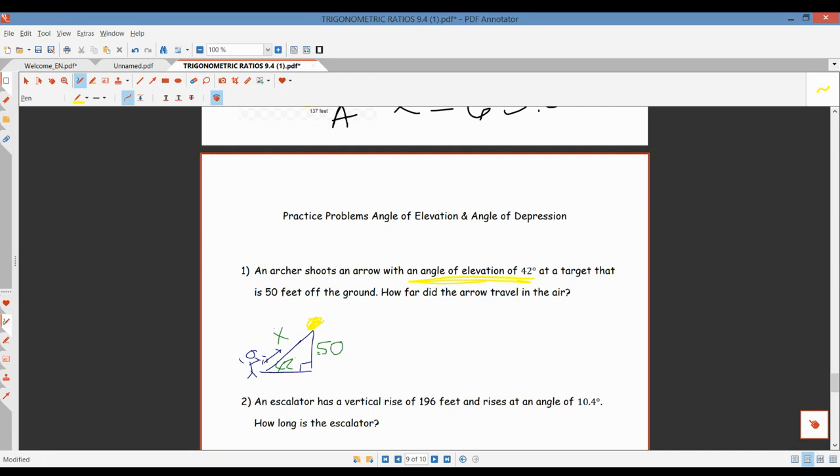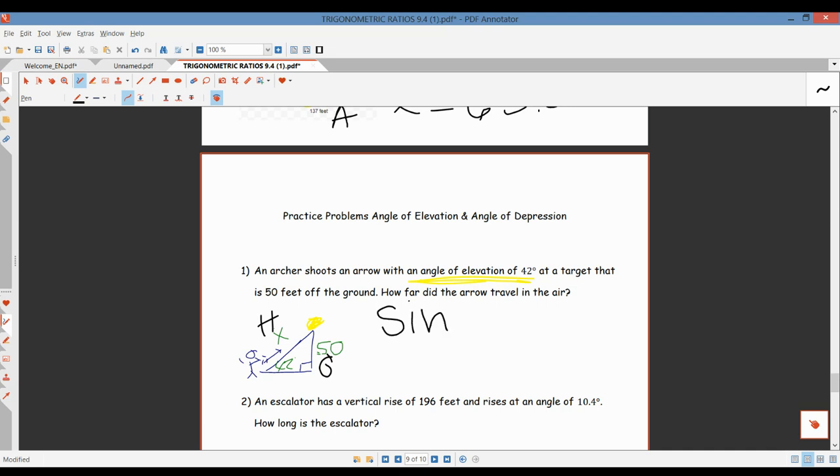So then we're going to label our O, A, and H for whatever we have. So here is my hypotenuse, and this is my opposite side. So going to trig, which trig function are we going to use? In this case, we're going to use sine.